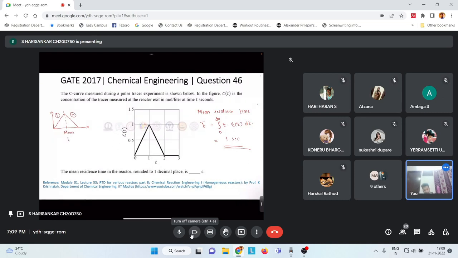And from the graph, it is at this point, and that means the mean residence time will be 1 second. So this is a shortcut method to find the mean residence time for a residence time distribution that has identical geometries.